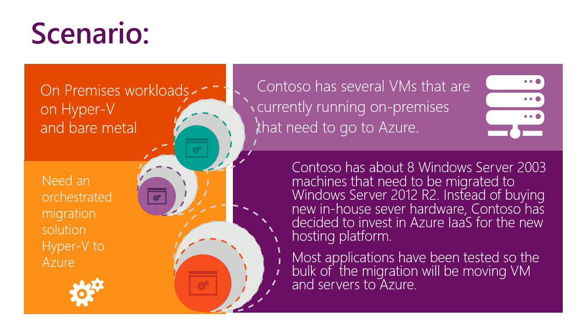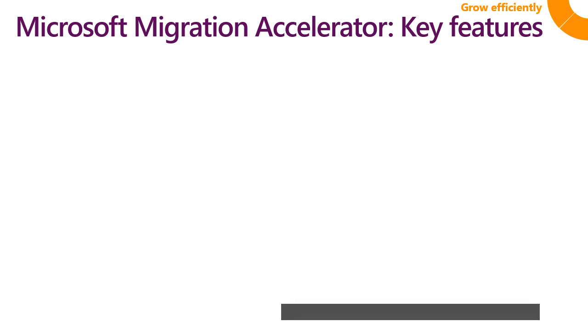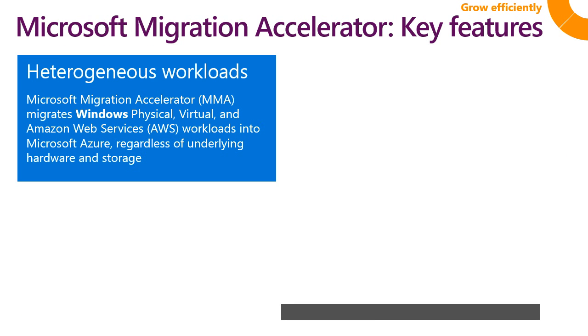We'll jump into the Microsoft Migration Accelerator and some of the key features that it provides. So first of all, it works in a mixed network. It migrates Windows physical machines and virtual machines. It runs with Amazon Web Services workloads and Azure. So really, when it's trying to find what it is you've actually got, it doesn't really care where that information currently resides.